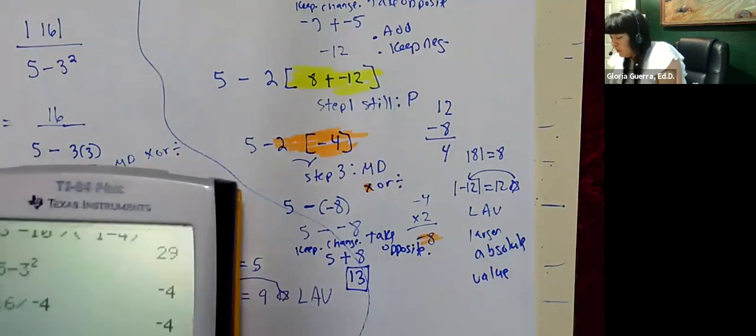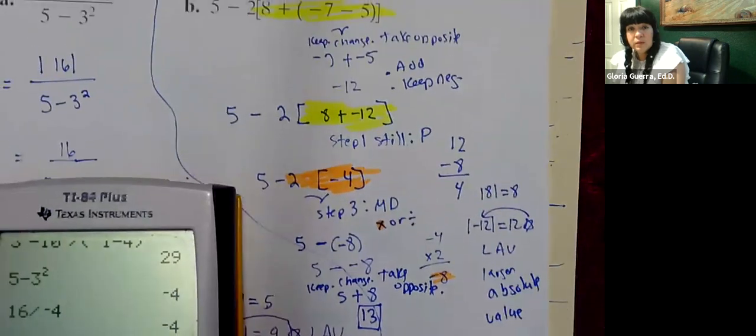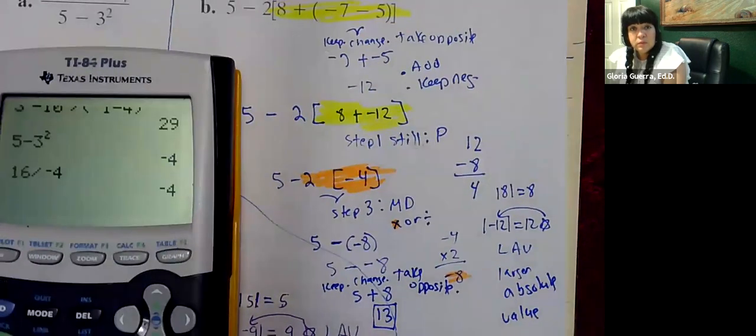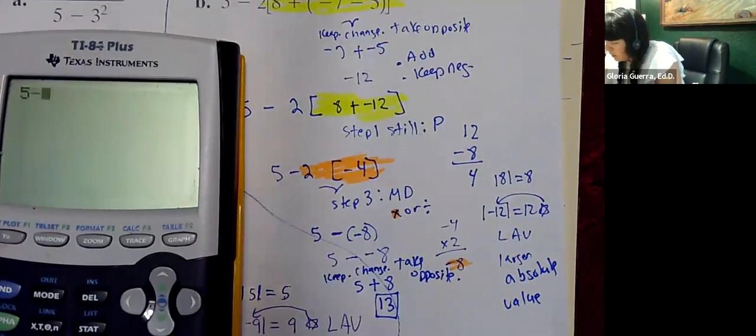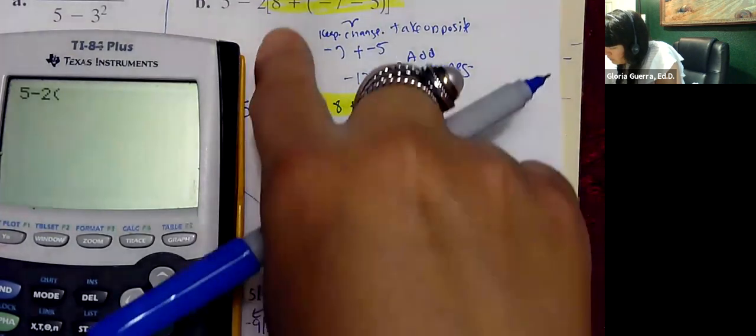So if I go back to the beginning and I type that, I have 5 take away 2, and I don't have the brackets, but I have the parentheses. So I'm going to use the parentheses for this.